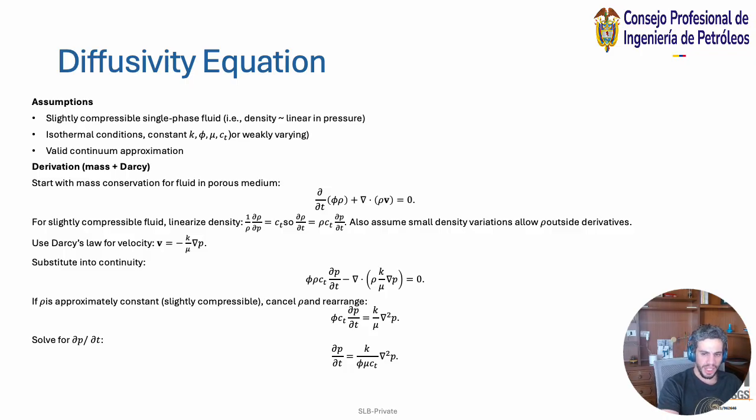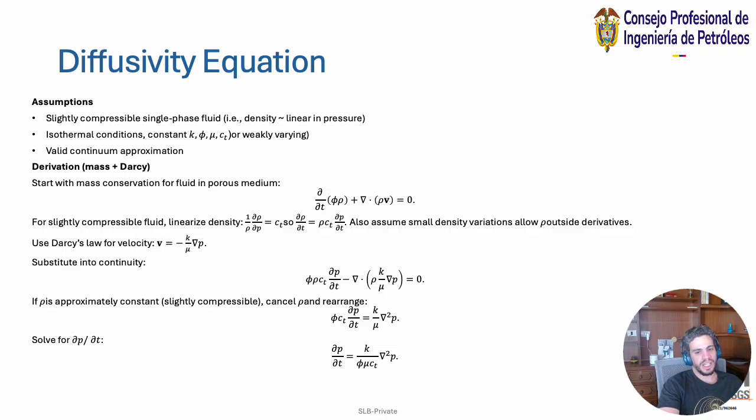These things are kind of varying and oscillating, and it is sort of a valid continuum approximation. So when we want to go through this derivation, we start with the mass conservation equation that we just saw in the previous few slides, and we're equating it to zero, because based on the law, mass cannot be created nor destroyed.